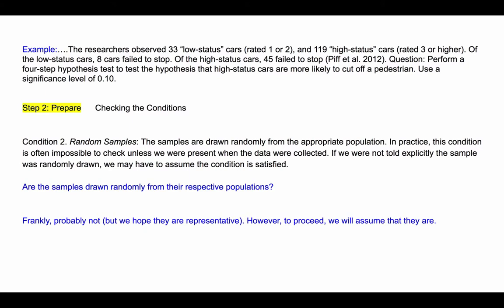The problem here is that if you pick a random corner to watch cars at, you are sort of doing convenience sampling because at that specific corner, certain people live in that neighborhood that might all share a quality, or you might be next to some kind of place where people work where they all have a similar quality. And so probably we don't satisfy condition 2, but what we're going to do in this case is assume that it's satisfied and move on.